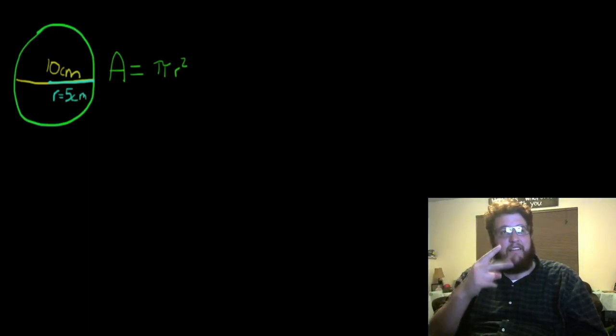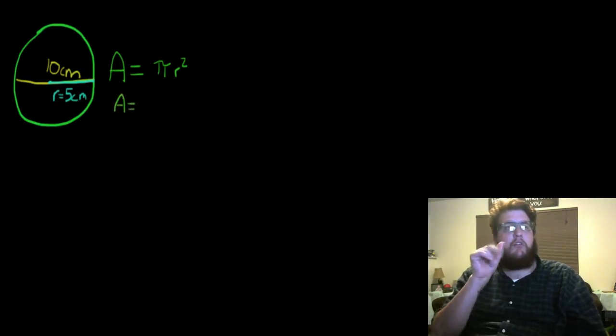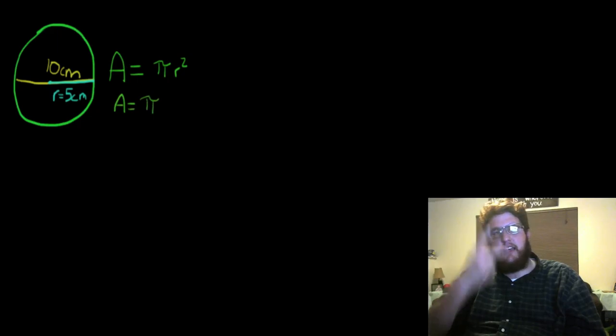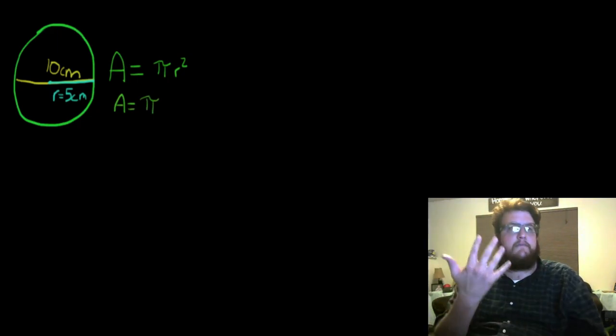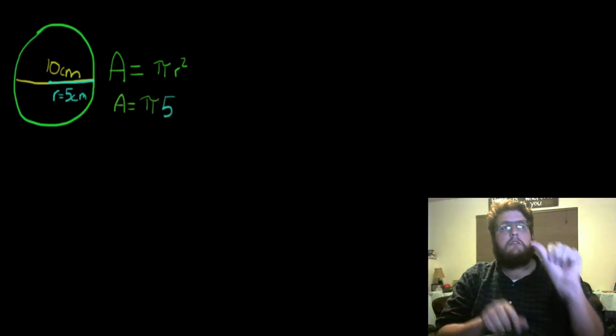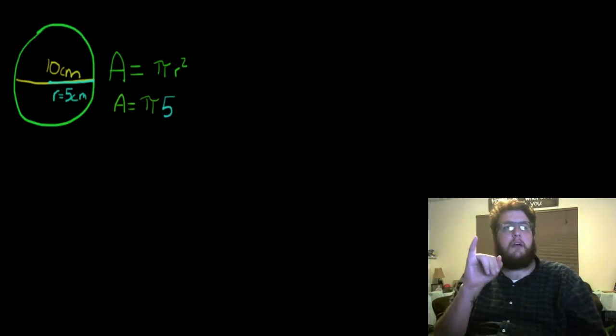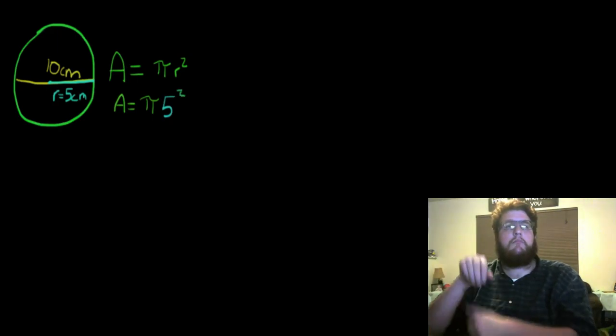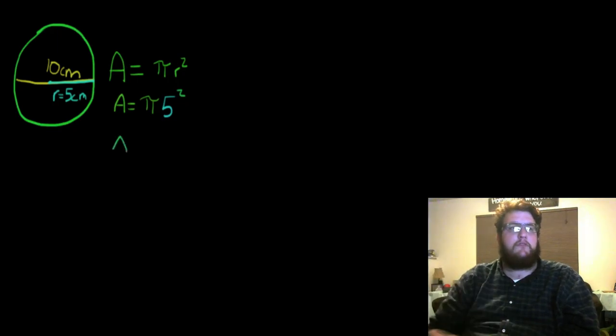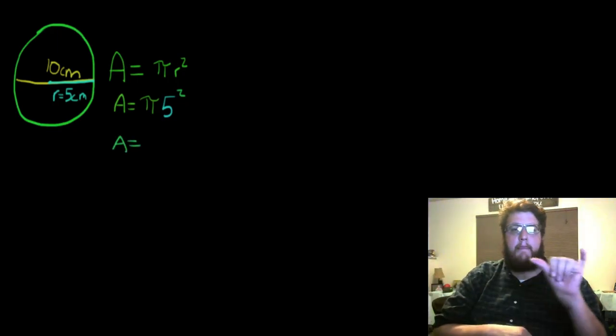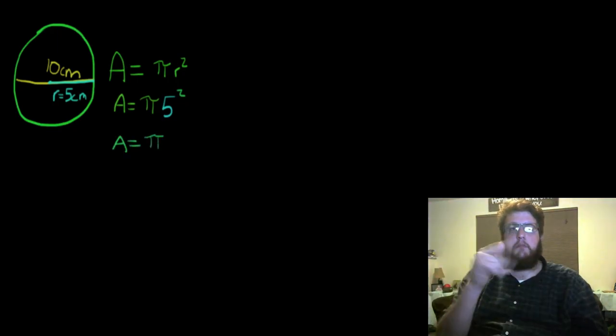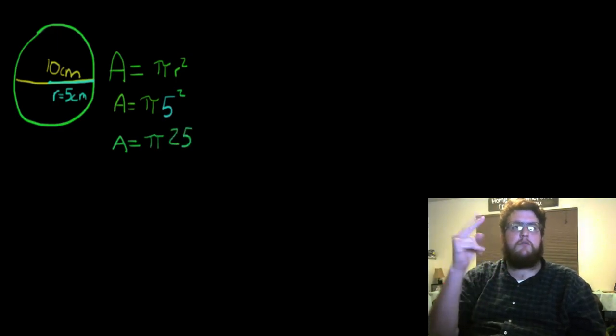So now we can go ahead and plug that into our equation for an area. Area is equal to pi, and instead of r, we'll go ahead and use what it's given us, which is 5 centimeters. And we are supposed to square that. So now we can go ahead and do that. A is equal to pi, and 5 squared is 25.